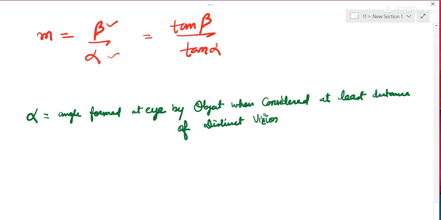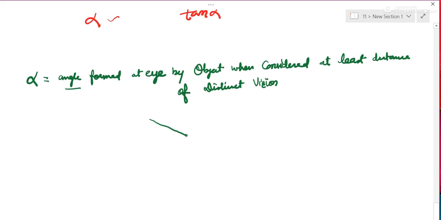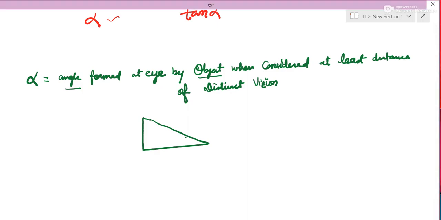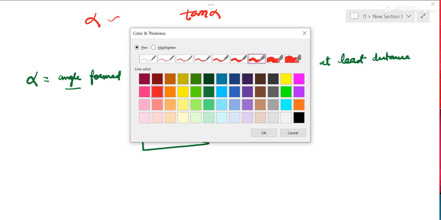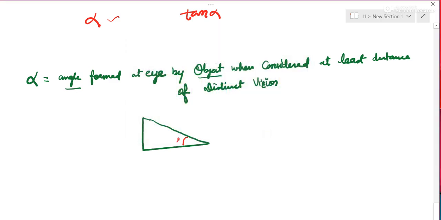So again, what is this angle? We can draw an angle formed by the object. So this is the object. We can label it in a separate diagram as well. So it is the angle formed by the object when considered at least distance. This is D, the least distance, that is 25 centimeter.